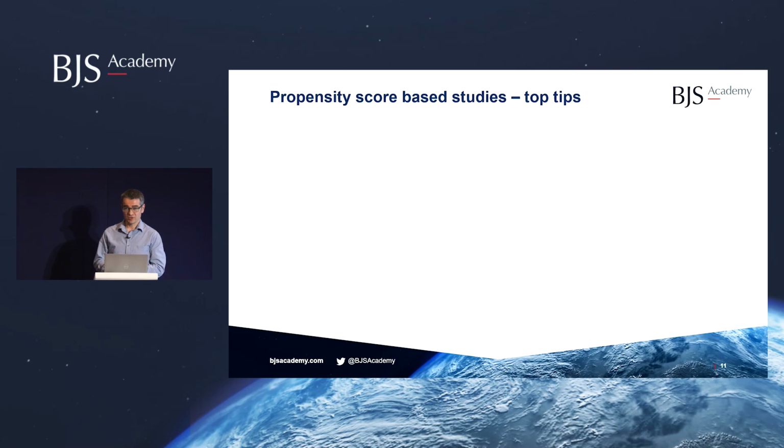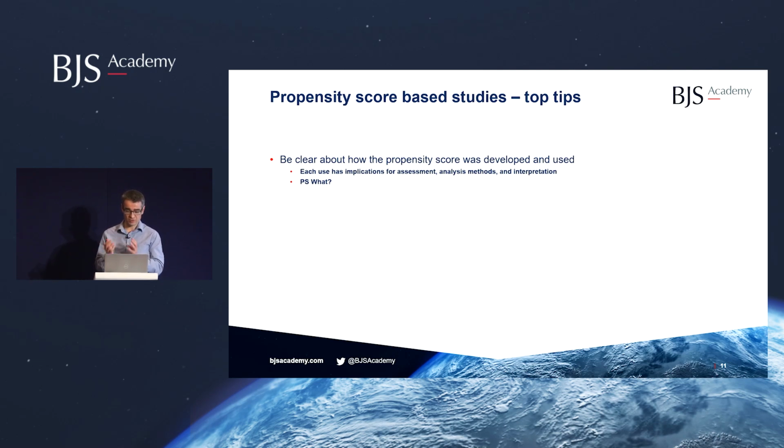So I'm just going to give some top tips about propensity score based studies. I'm going to broaden out slightly from matching. One of my points, as a statistical consultant reviewing these papers, is to be clear about the propensity score: how it was developed and how it was used, and each use has a different implication. I mentioned earlier that there isn't just matching, although that is a very common use of propensity scores. There are adjustment or weighting approaches that use propensity score in a slightly different way.